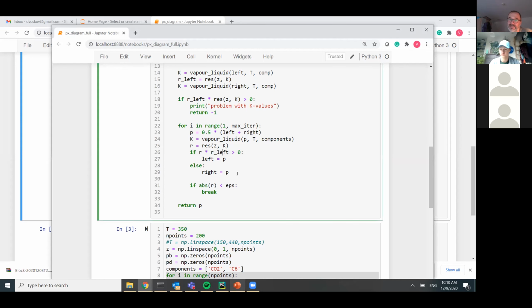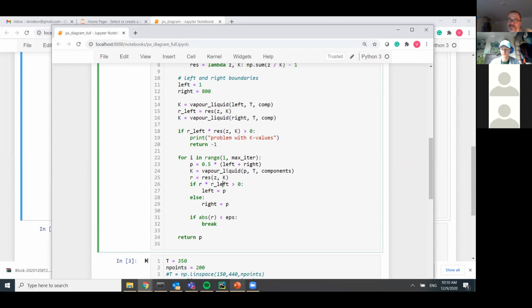So what I did, I more or less use exactly the same rule as here. If you compute the residual, so this is my middle point, this is my K value, this is my residual. Now, if residual multiplied by left is bigger than 0, that means they have the same sign, and I need to move it to the left, otherwise to the right.